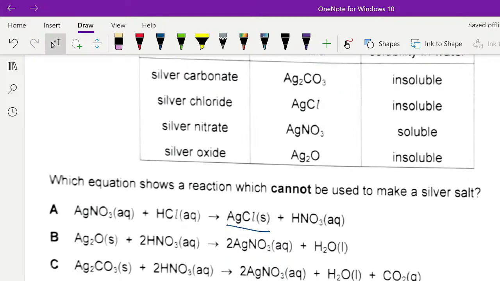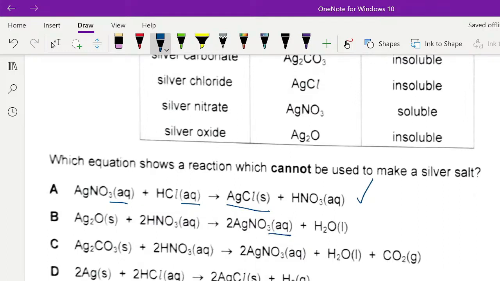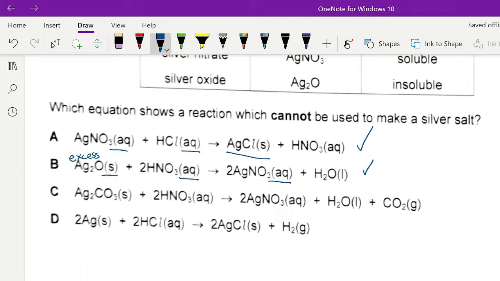Next, information about some silver compounds. Look at the salt. If the salt is insoluble, you need aqueous and aqueous reagents. So this will work. If the salt is aqueous, you need excess insoluble base, alright, with acid. So this will work. And this also works. This is aqueous product.